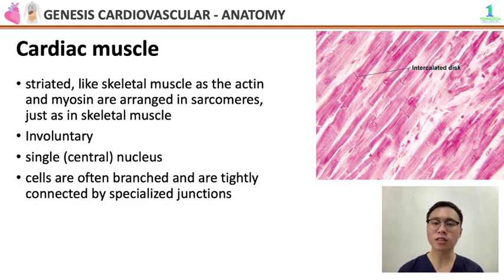You have a single central nuclei, much like, again, your smooth muscles, and these cells are often branched and they are tightly connected by specialized junctions. So this would make them different from your smooth muscles because smooth muscles, you know, they are not branched, no? Usually they are just single cells, okay? So if you are able to see intercalated discs, no, I want you to think of cardiac muscles. No? So ito yung medyo mas peculiar for the cardiac muscles.